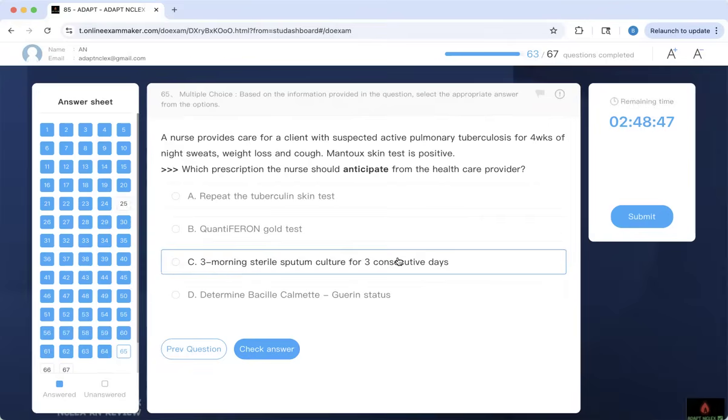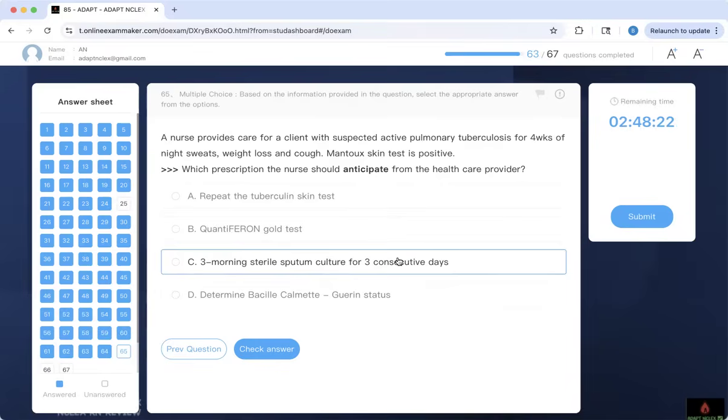3 more questions. Let's provide care for a client with suspected active TB with 4 weeks of night sweats, weight loss, and cough. He has suspected TB and he's having all these symptoms. The test is positive. That means he has active TB. Which prescription should the nurse anticipate from the healthcare provider? Repeat the TB test, negative.